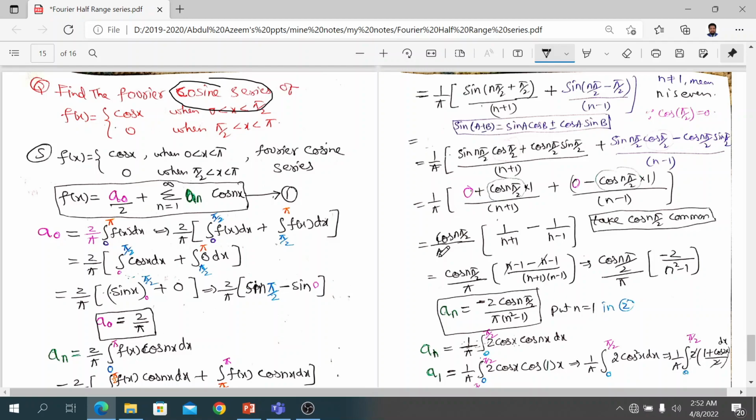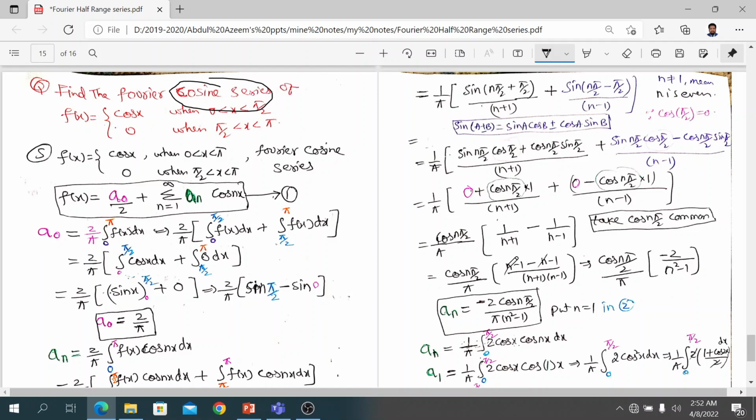1 by pi outside as it is, cos n pi by 2 taken outside common, so 1 by n plus 1 minus 1 by n minus 1. Cross multiply: n minus 1 minus n plus 1 over n minus 1 into n plus 1.